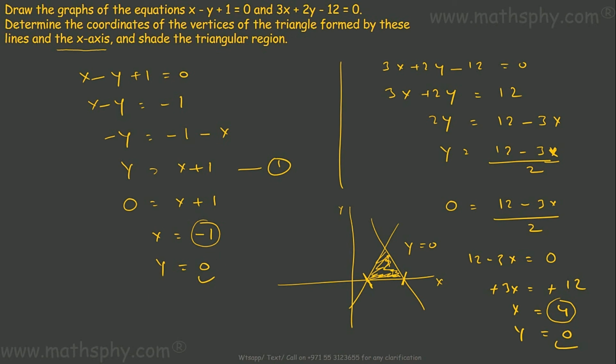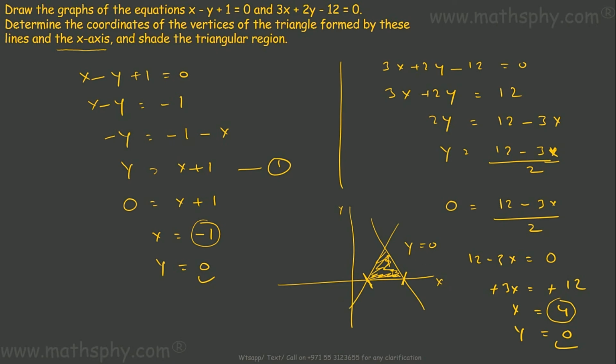Now keeping this in mind, if I plot my equations, both the lines will definitely cut the x-axis because I have taken y as 0. In this case, when y is 0, x is negative 1. In this case, when y is 0, x is 4. So we will compulsorily take x as negative 1 and x as 4.